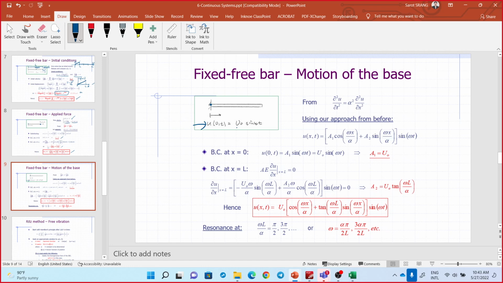So now the boundary condition at h equal to 0, u of 0 and t equal to sine, because this becomes 1 and this becomes 0, so a1 times this equals u0 sine omega t. Then a1 is just u0, right?